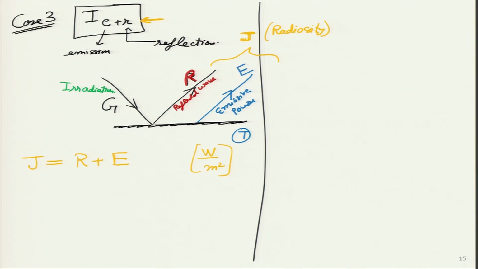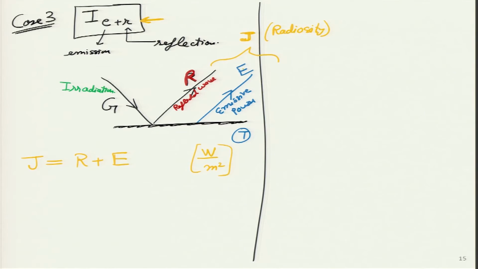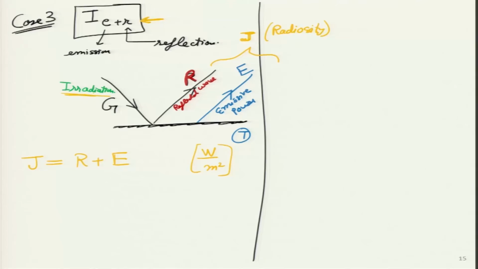If I have a mobile phone like every person these days, and I am standing outside in the afternoon, then some radiation is already being emitted by the mobile phone and coming directly to my eye, which I will represent by this emissive power. If I am standing in a dark room, or at night time, there is no irradiation incident on my mobile phone, which means that whatever J I am recording is simply the emissive power coming out from the mobile and directly hitting my eye.